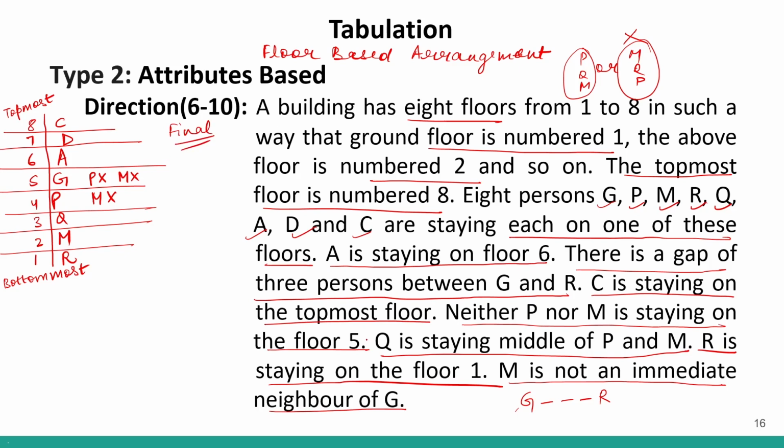Whenever you solve questions on tabulation, sometimes the order of the information is not convenient. If the information that R is staying on floor 1 was given before the information that there is a gap of 3 persons between G and R, it would be an easier question, because you would solve from starting to end. But sometimes the information is jumbled up to make it a little more difficult.